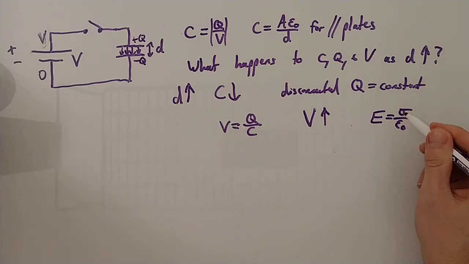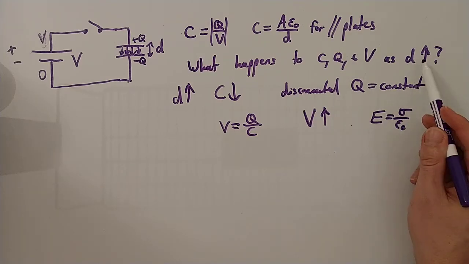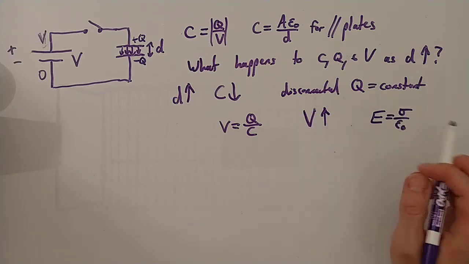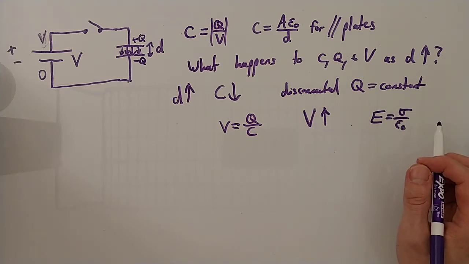And so if sigma, which is charge per area, if area and charge are both staying the same, then the electric field stays the same. So the potential is going up because remember potential is electric field times distance. And so if we increase the distance between the two but keep the electric field constant, it makes sense that our potential also increases as well.